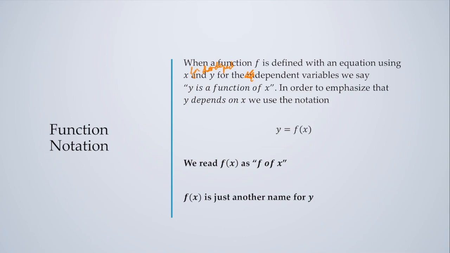And in order to emphasize this notation, we have already been doing this, but it's just a refresher that we write y equals f of x because y and f of x are synonymous. F of x is just another name for y, and it tells us right away that what we're looking at, and what we're working with, is a function.